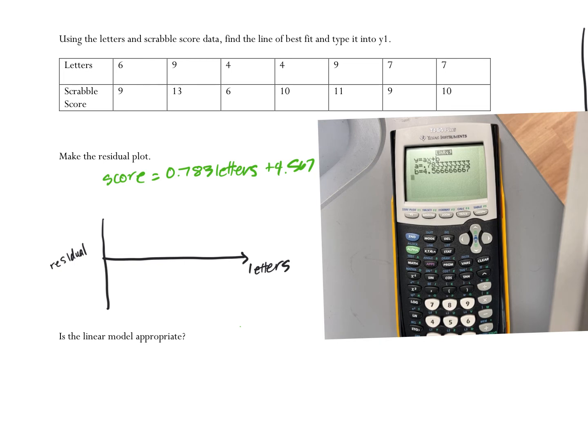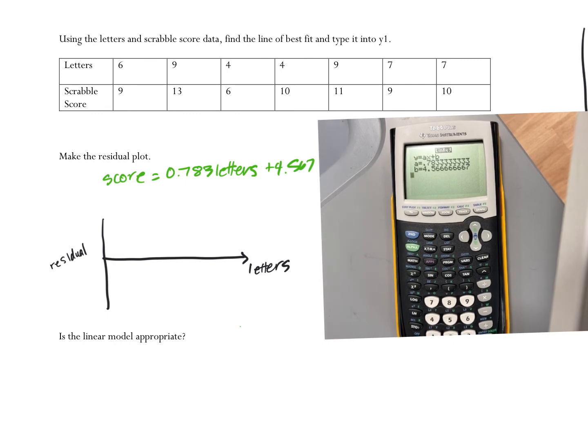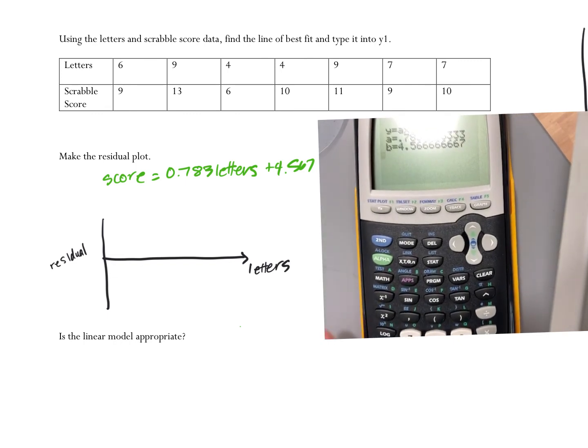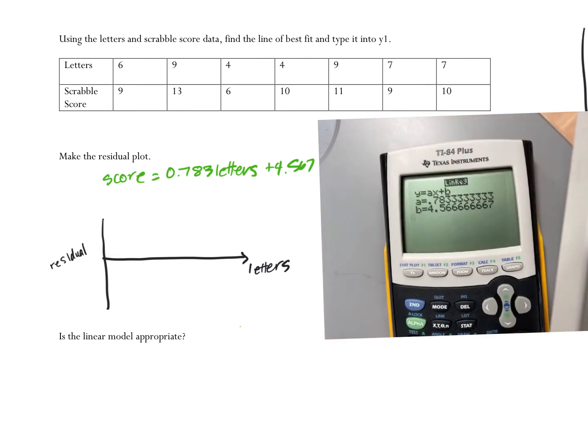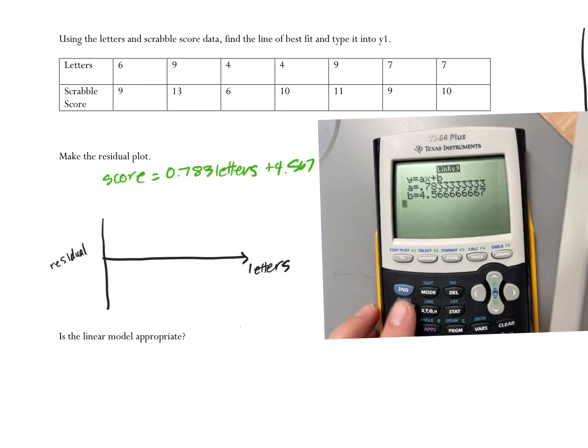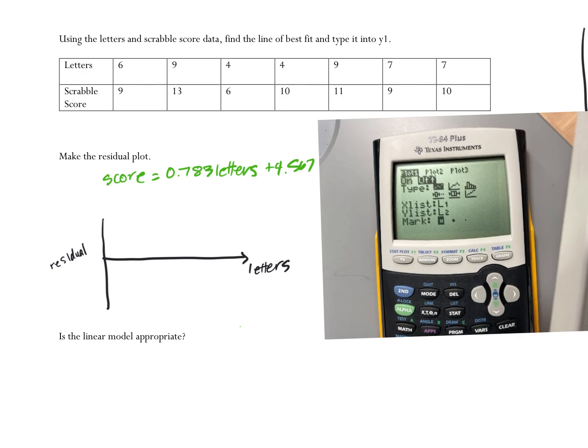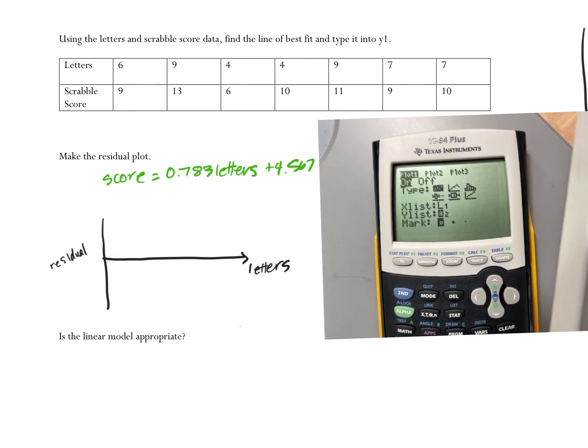Okay. All right. So let me zoom in on just my screen here a little bit more. There we go. So if we hit second y equals to bring up that stat plot, what we want to do is turn this y list into those residuals.